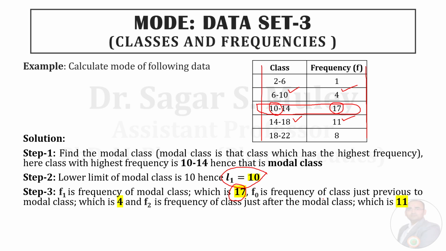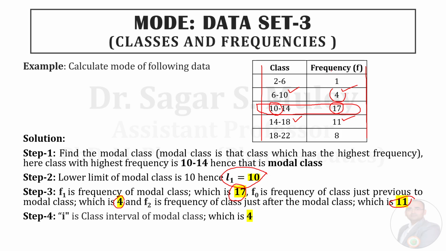F0, which is frequency of just previous to model class, that is 4. Then F2, which is the frequency of class just after the model class, that is 11. And finally, I is the class interval of the model class.